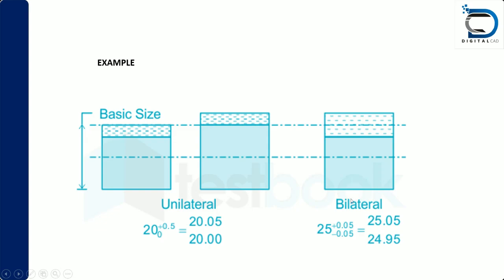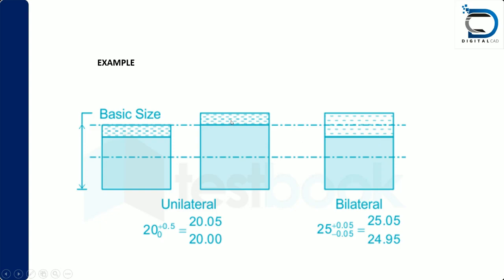In the bilateral case, both variations are available, negative and positive: 25 plus 0.05, or 24.95. We subtract the tolerance value from the actual value, so variation from the actual dimension in the minus direction is also allowed.